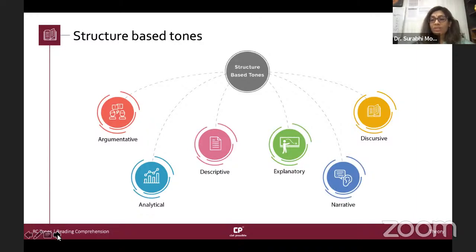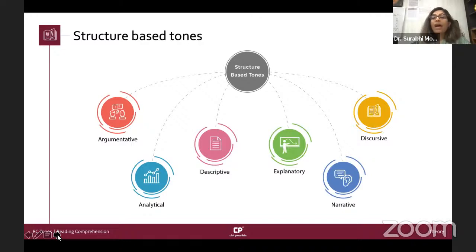Now I'm going to describe the next category of tones, which is structure-based tones. In this, there are certain subjective tones and certain objective tones. Structure-based tones are those that are dependent on the way the passage is structured. Right?